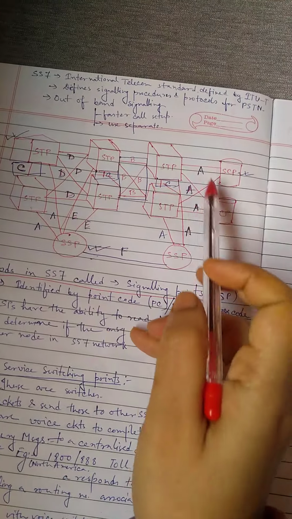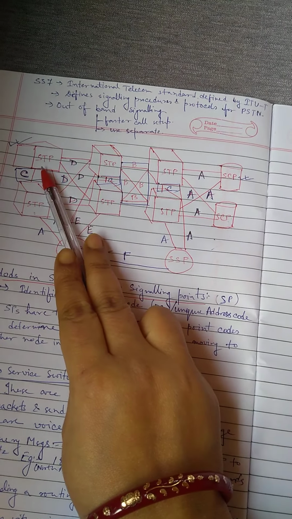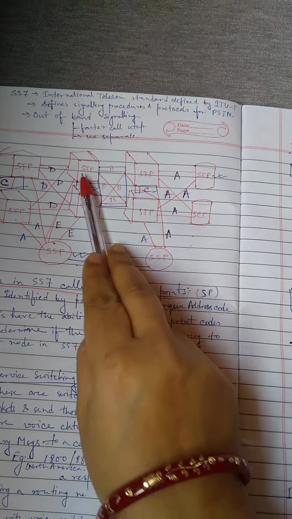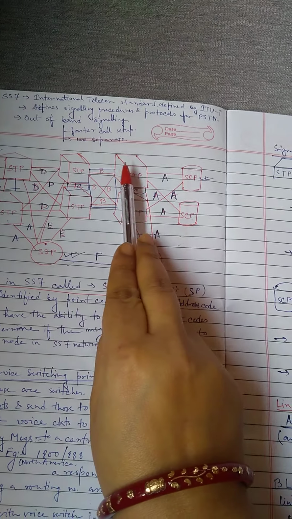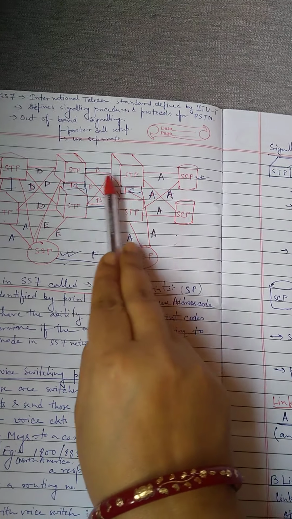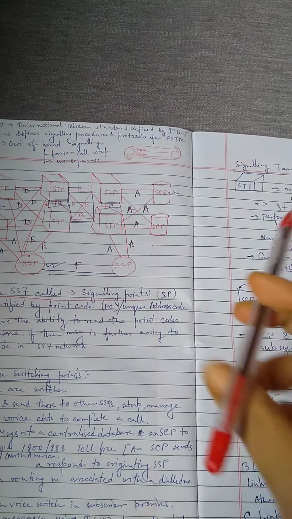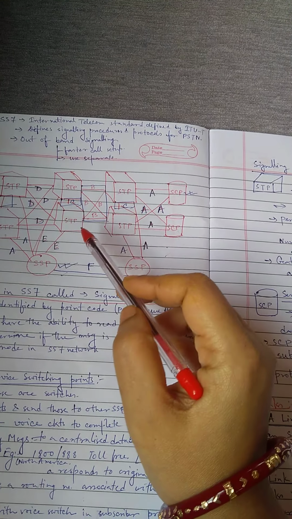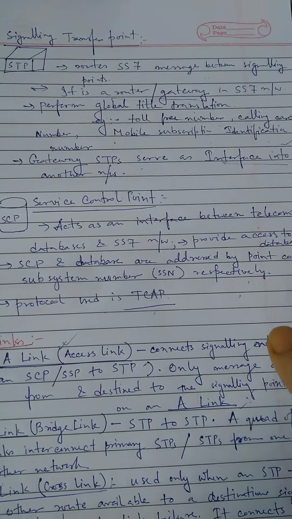Like in this SS7 network, suppose this is a separate network and this is a separate network. So the STPs of this network are connected with the STPs of this network. These are the gateway STPs, and they are connected through this B link, or bridge link. I will come to this link process in the next part.